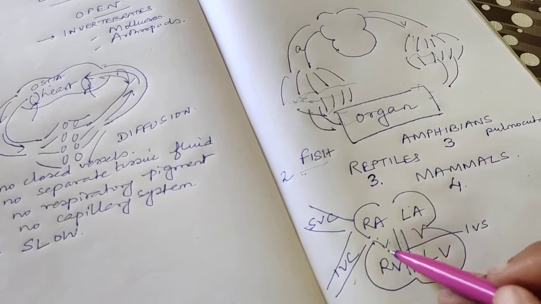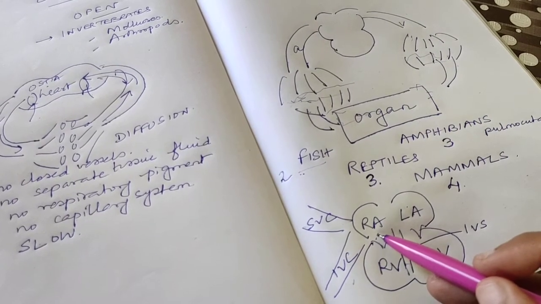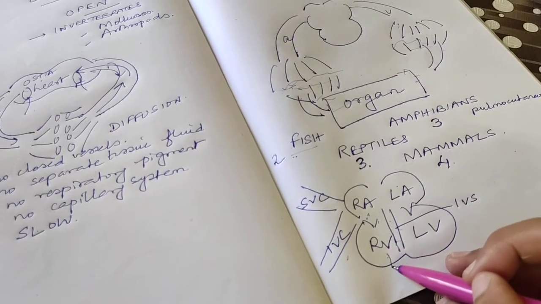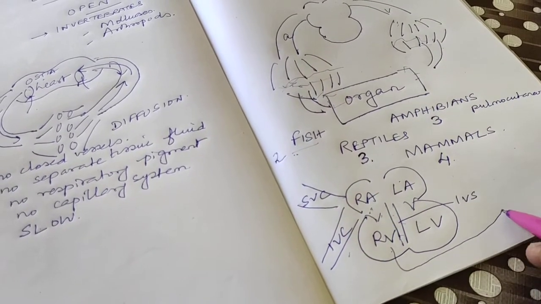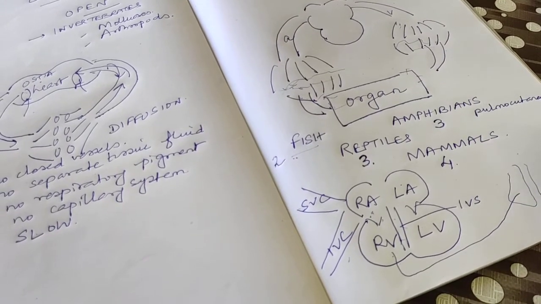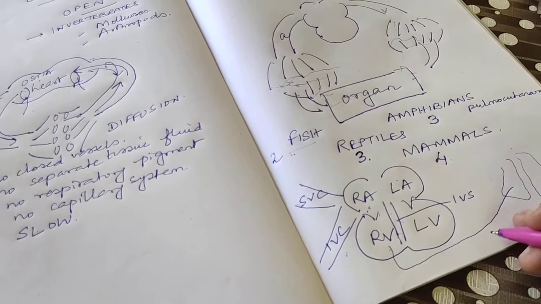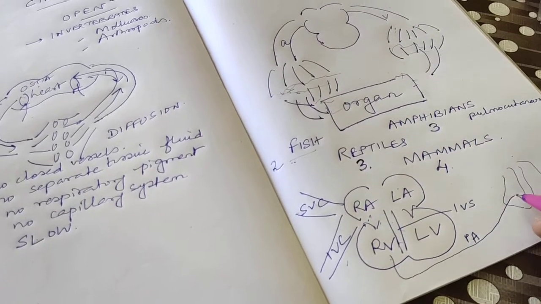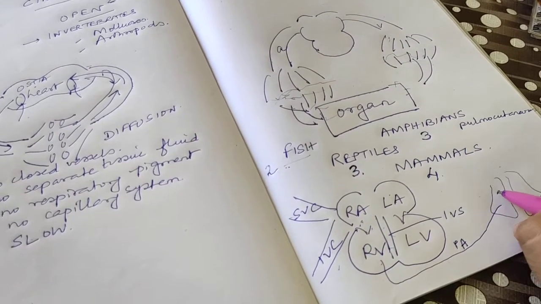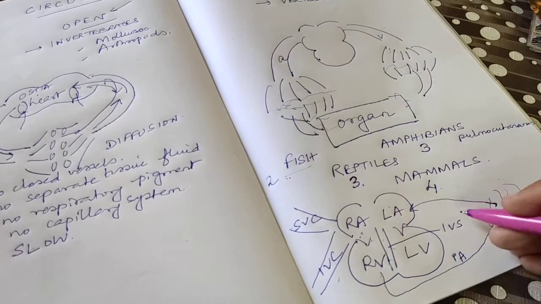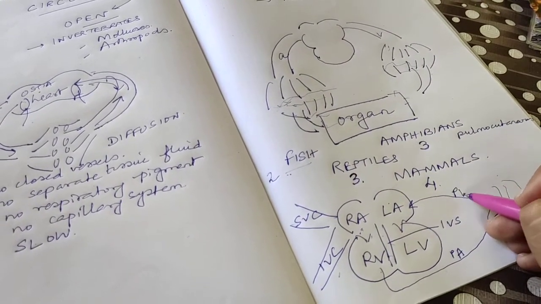The right atrium drains all this blood into the right ventricle. The right ventricle in turn passes it to the lungs for oxygenation through the pulmonary artery. The lungs oxygenate this blood and pass it on to the left atrium through the pulmonary veins.